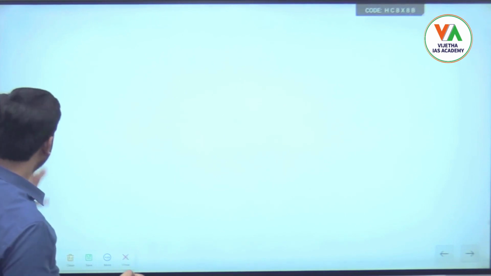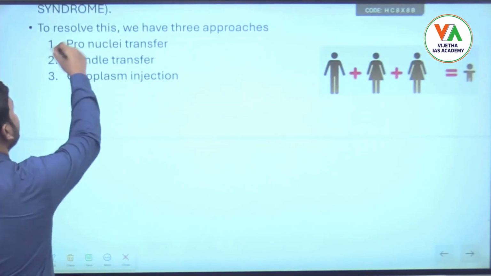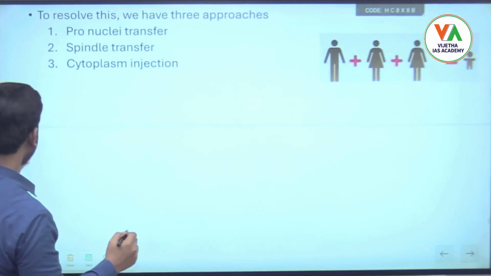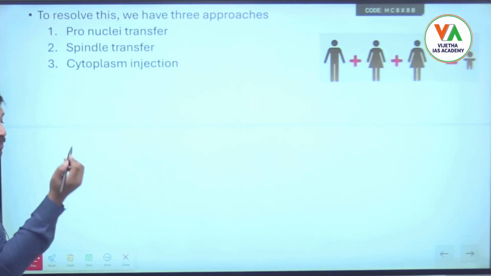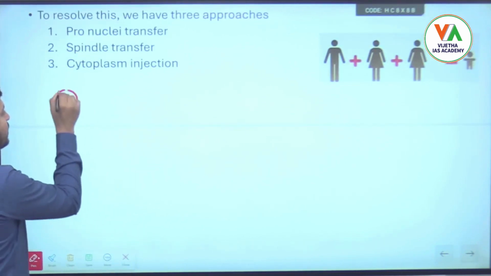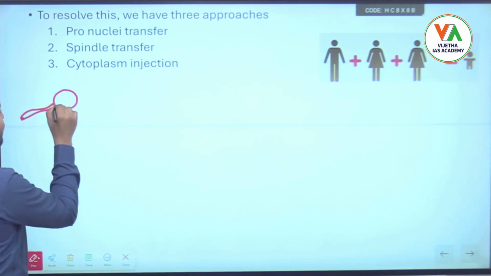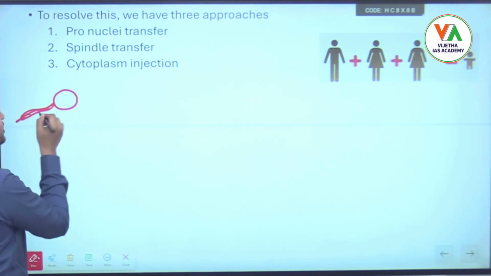First we will discuss pronuclear transfer. I am going to take this, the sperm. This is the head of the sperm, this is the tail of the sperm.